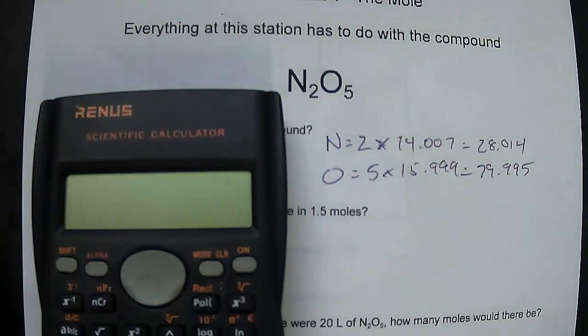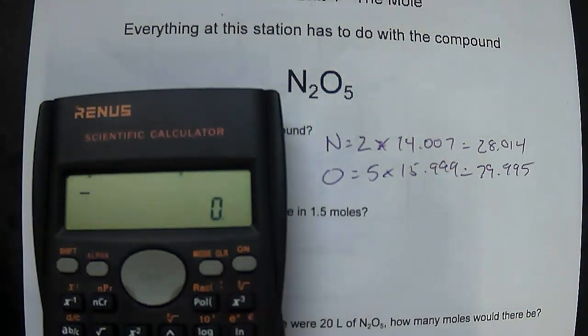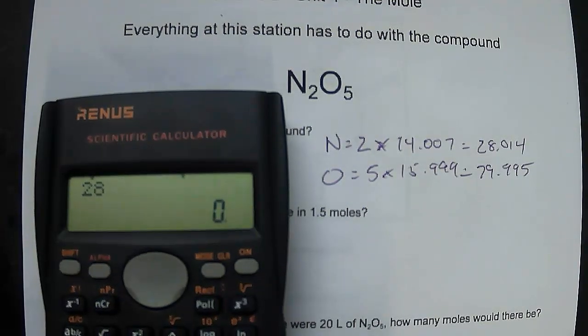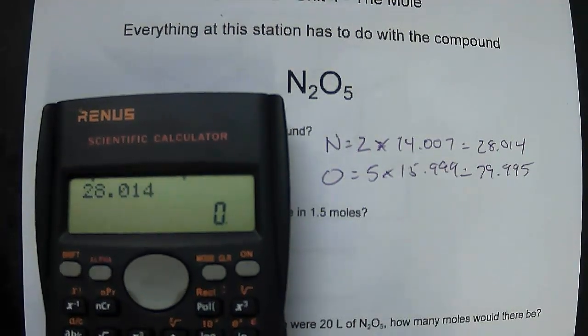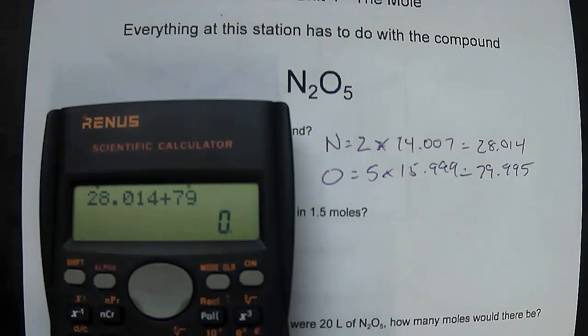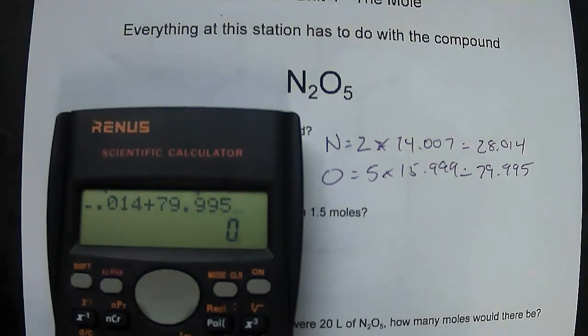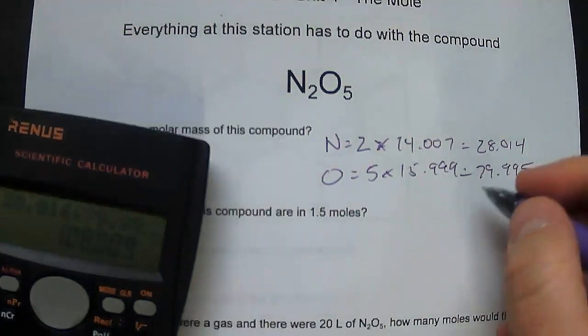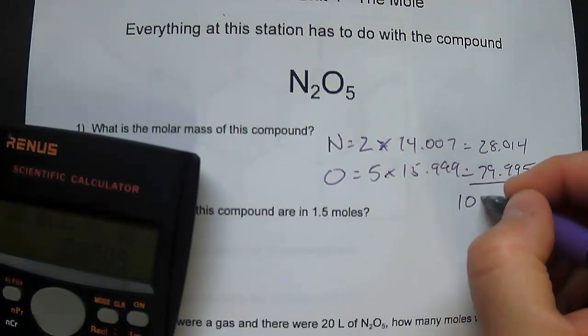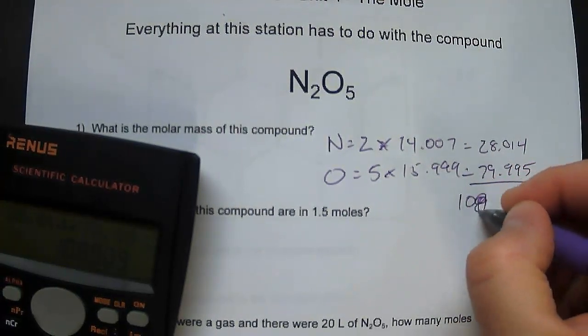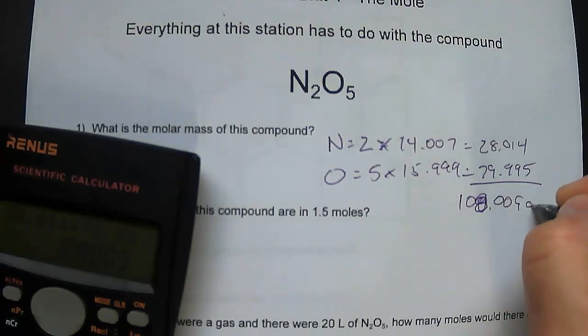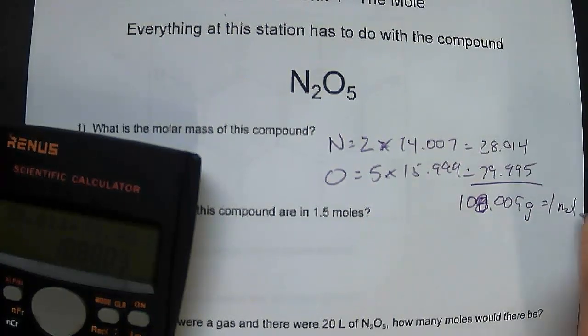It seems like we may have done this already, but that's okay. 28.014 plus 79.995, you get 108.009 grams equals 1 mole.